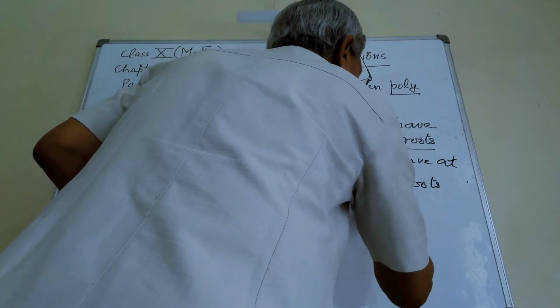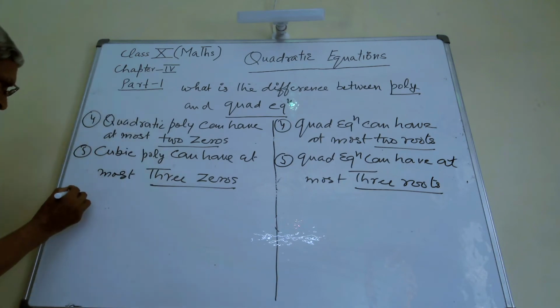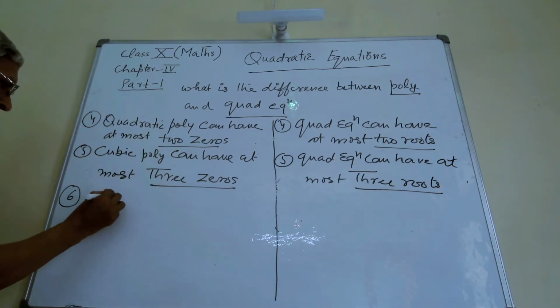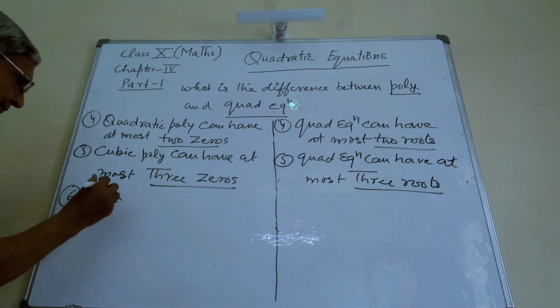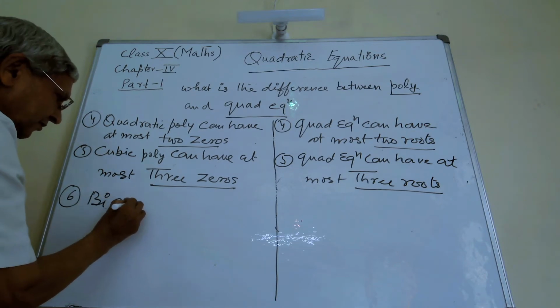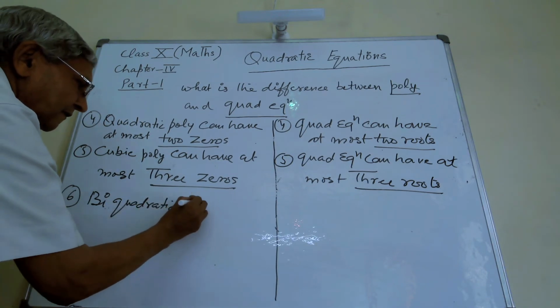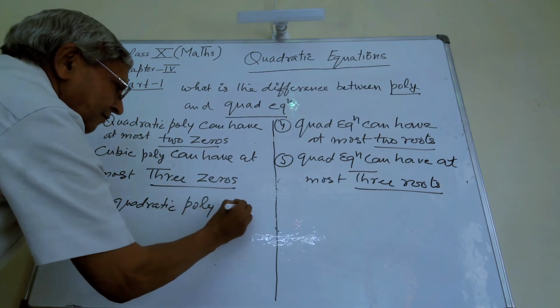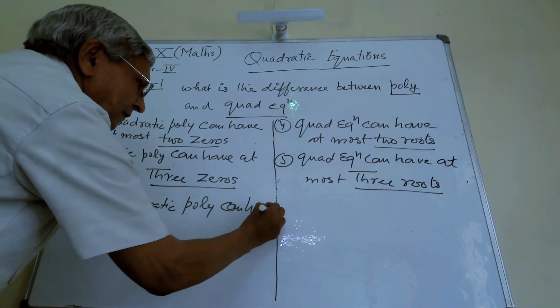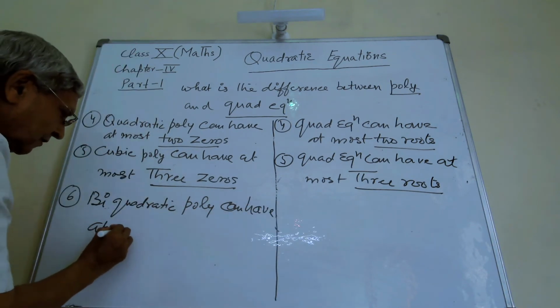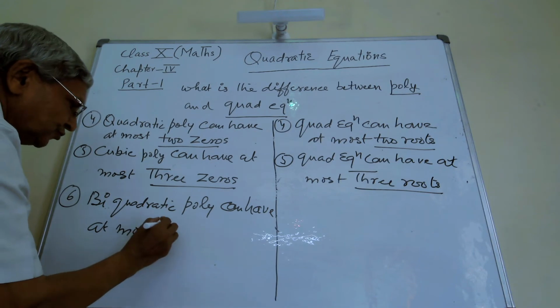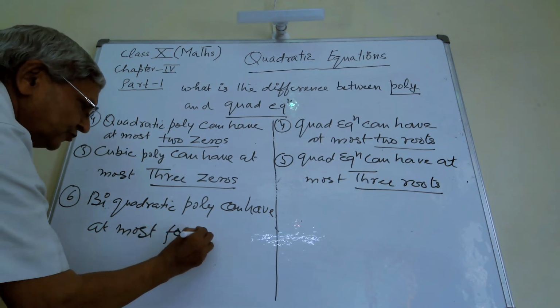Sixth point, a biquadratic polynomial can have at most four zeros.